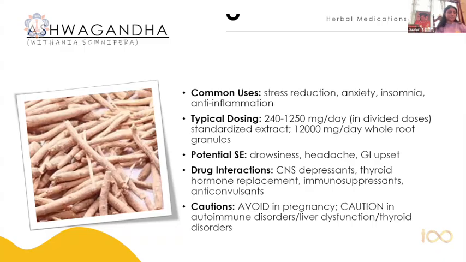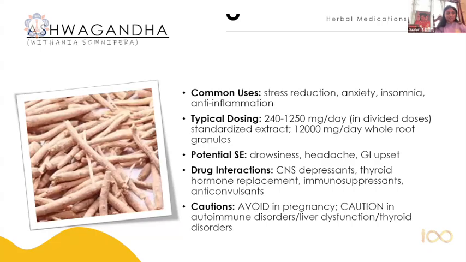The common uses of this medication are going to be stress reduction, anxiety, insomnia, and also for its anti-inflammatory properties. The side effects of this medication are generally drowsiness, headaches, and GI upset.